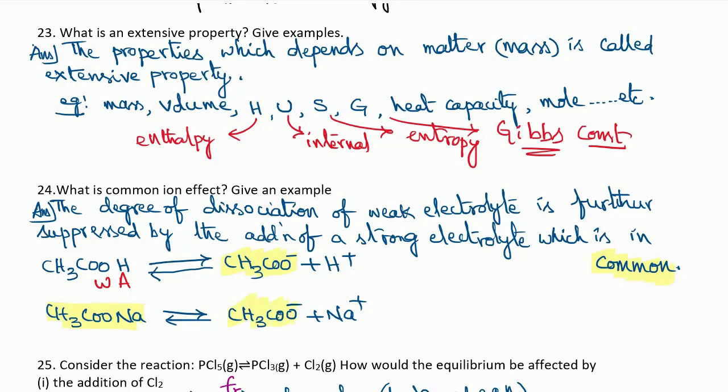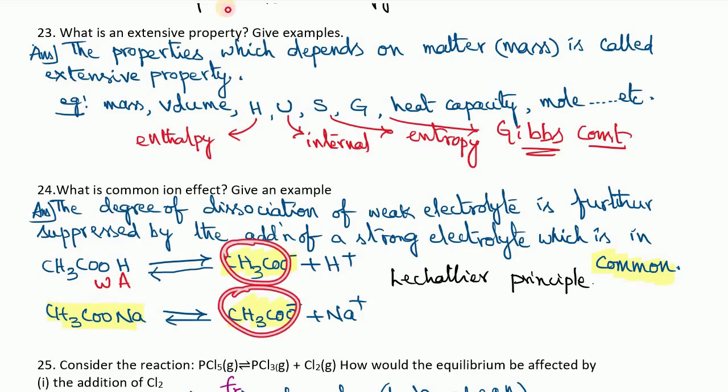As per the Le Chatelier principle, what happens here? The acetate concentration is more here. According to Le Chatelier principle, when the concentration in the equilibrium increases, the equilibrium will move from higher concentration to lower concentration.